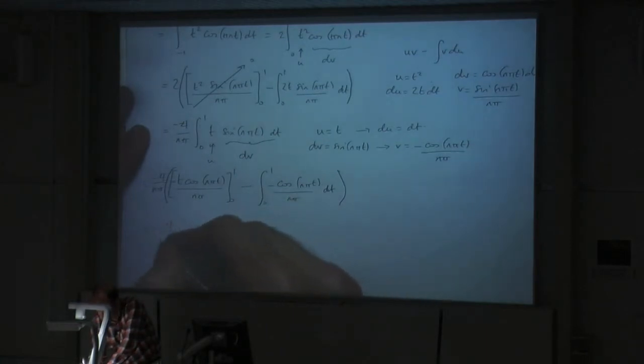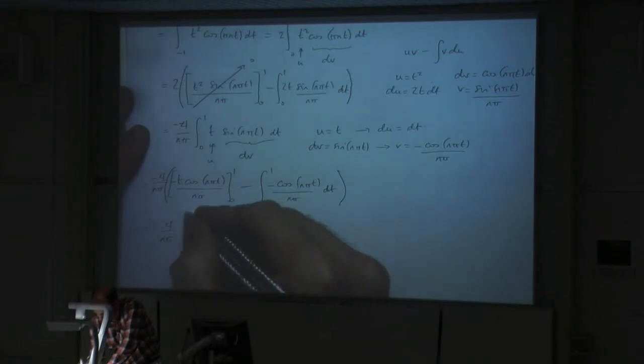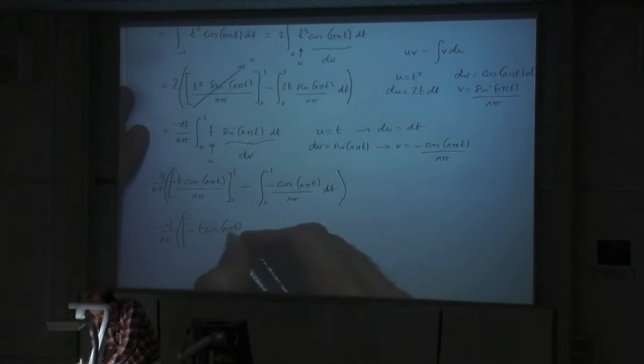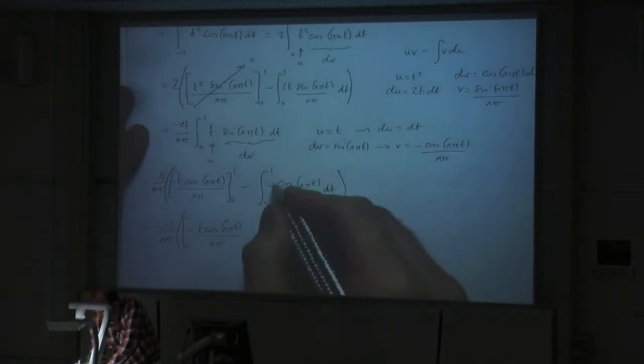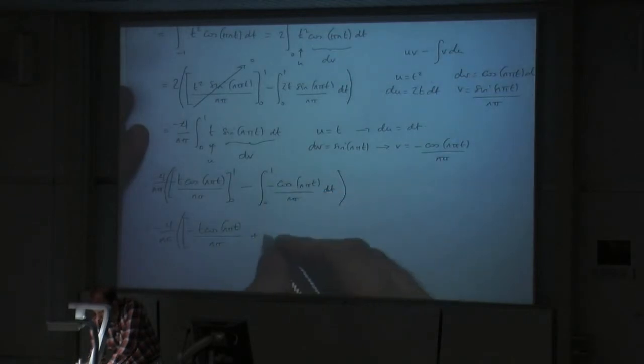Minus 4 divided by n pi. Okay, this obviously becomes a plus because we can take the minus 1 out. 1 over n pi.